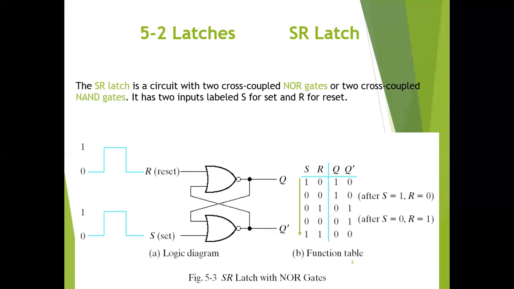If both inputs are then switched to 0 simultaneously, the device will enter an unpredictable or undefined state, or we can say a metastable state. Consequently, in practical applications, setting both inputs to 1 is forbidden; we will not consider the state when both the inputs are set to 1.